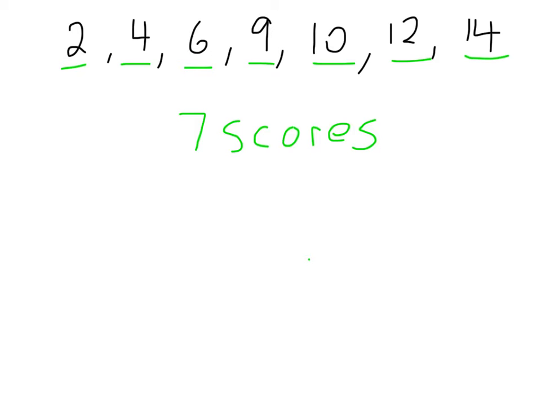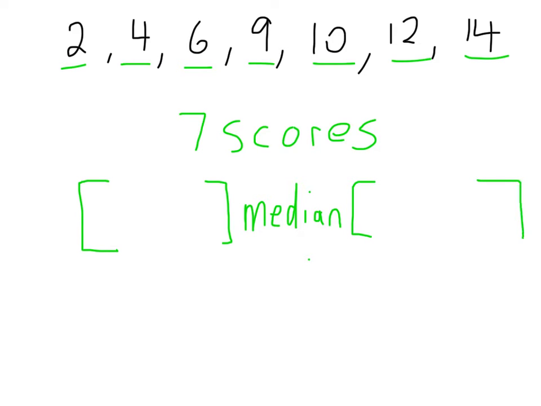Now, if there is a very middle score called the median, then that is going to split this particular data set into a lower group, which is to the left of the median, and an upper group. And it's going to split it evenly into these two groups so that the exact same number of scores is in the bottom as in the top.